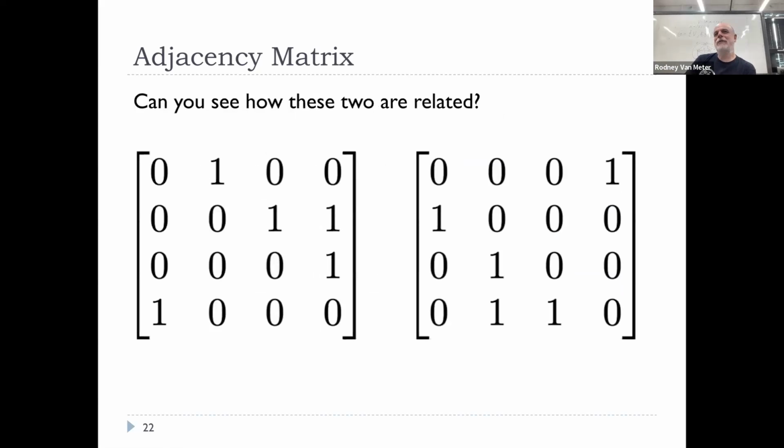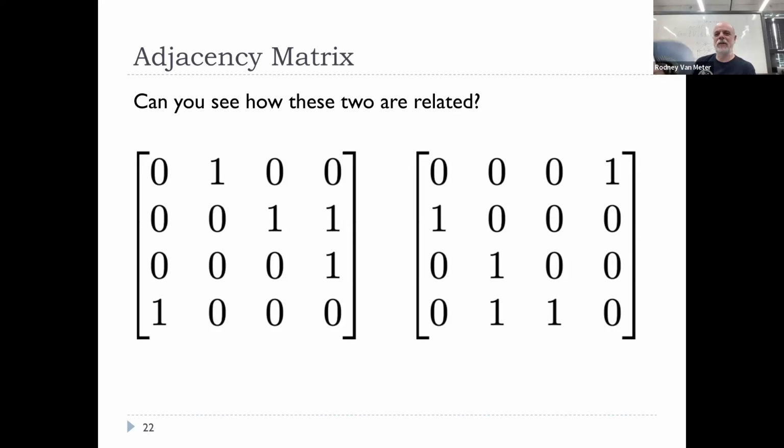So those two matrices, how are these related? What's the relationship between these two matrices? Aman, what's the relationship between these two matrices? They're not the same matrix, right? No, they're not. But what are they?